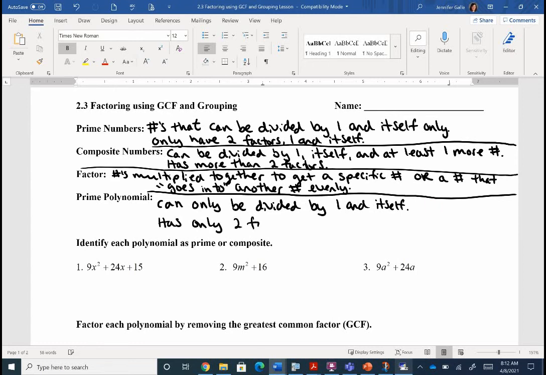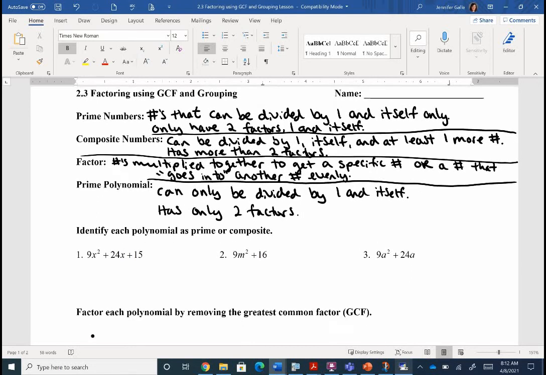So there's only two things I can multiply together to get that polynomial. Kind of up to you, looking at all these definitions from that multiplication standpoint and that division standpoint, because multiplication and division both fit for these types of terms that we're looking at.